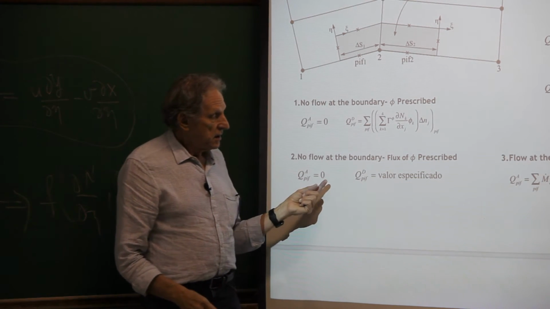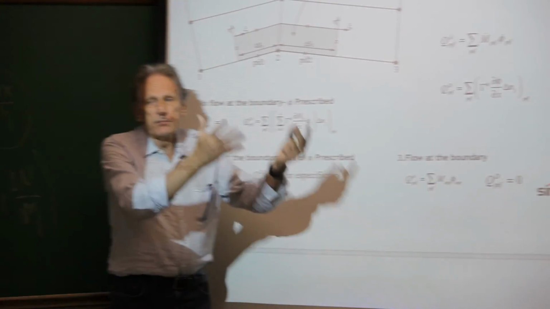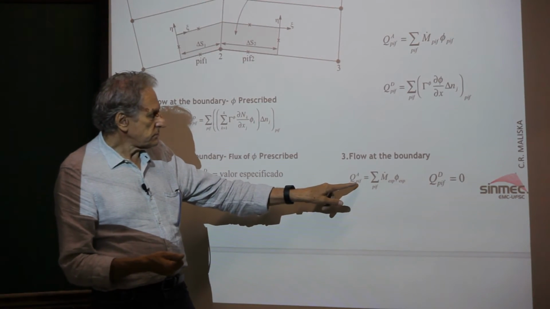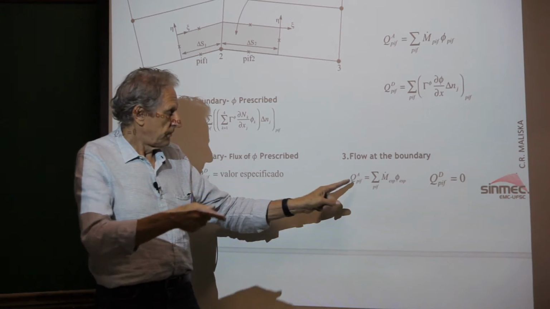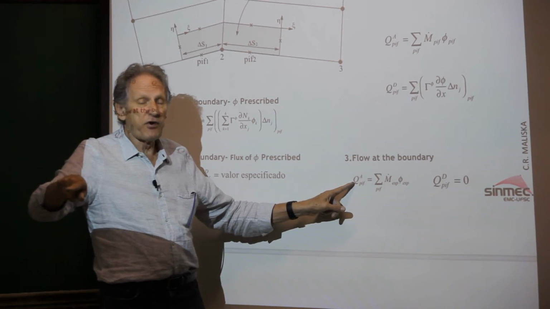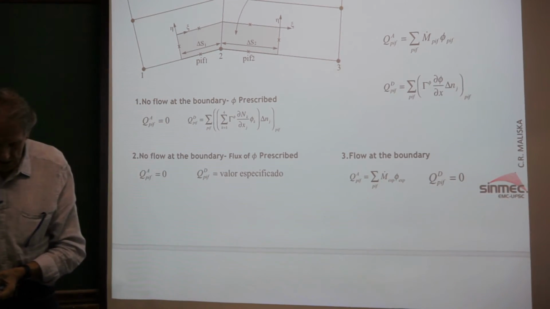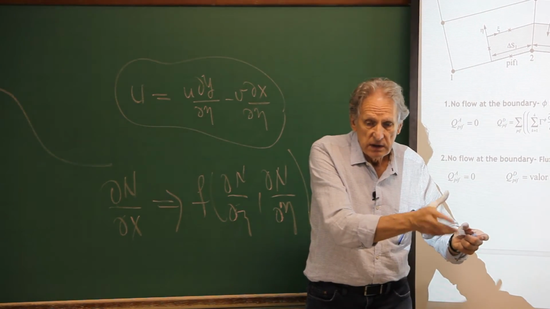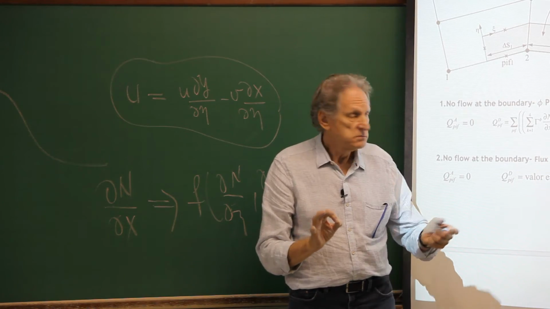Then it's specified. And when you have a flow at the boundary, so mass is entering at the boundary, you have an advection through the boundary with some phi specified. You are saying this mass flow is entering my domain with such specified phi.